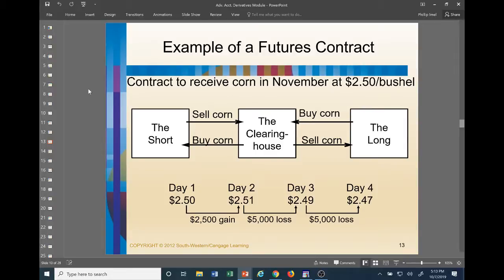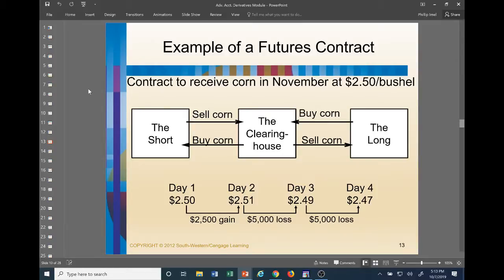Now, a second party must agree to sell corn at the November futures price of $2.50, obviously. So, acting as an intermediary between the counterparties, the CBT, which is the Chicago Board of Trade, is going to write a contract to sell a corn future to the first party and buy a contract to purchase corn futures from the second party.